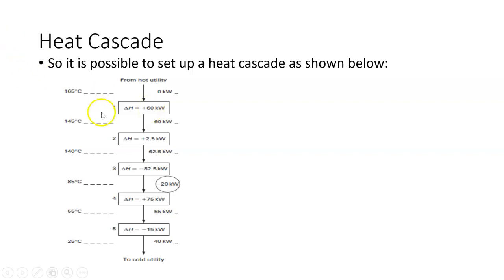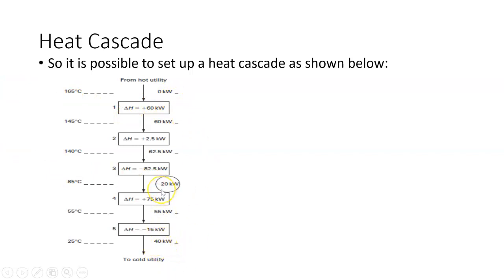So 60 is passed on to the second interval making this 62.5. 62.5 passed on to the third interval making the flow minus 20 kilowatt. If somehow I'm able to pass it on to the next interval, then it becomes 55 kilowatt, because minus 20 plus 75 makes 55, and when this 55 is transferred to the last interval it makes 40 kilowatt. So this means that I don't need any hot utility, I just need 40 kilowatt of cold utility.